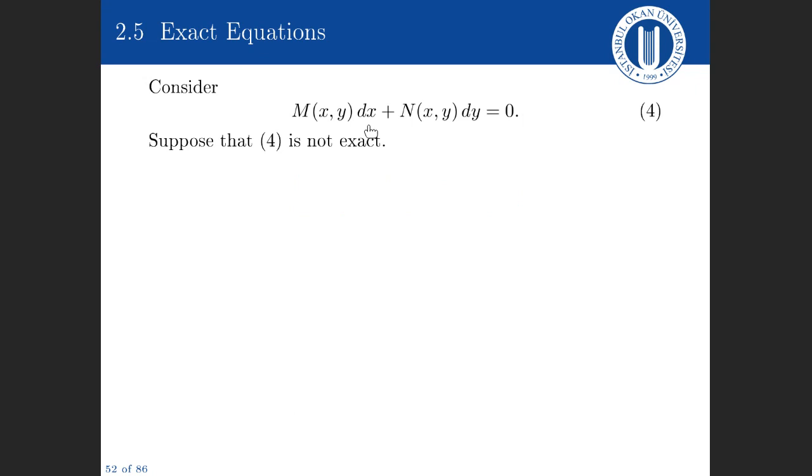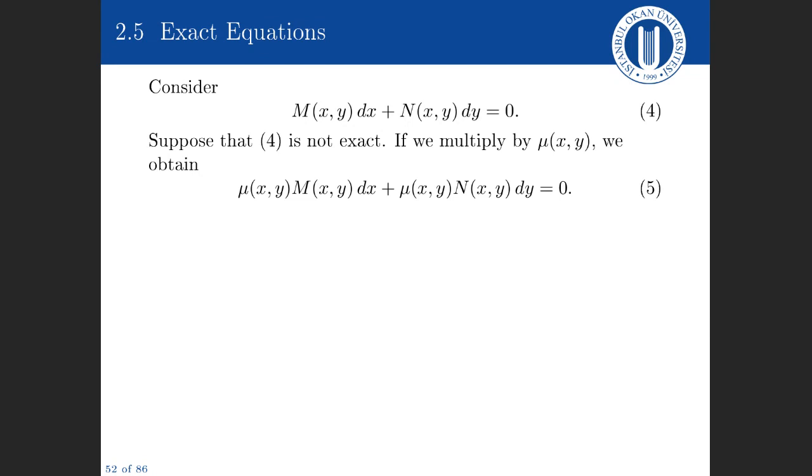So let's start with m dx plus n dy is equal to 0. And let's start by supposing that this equation is not exact. We want to multiply it by an integrating factor that we don't know yet. Let's call the integrating factor mu of x and y.